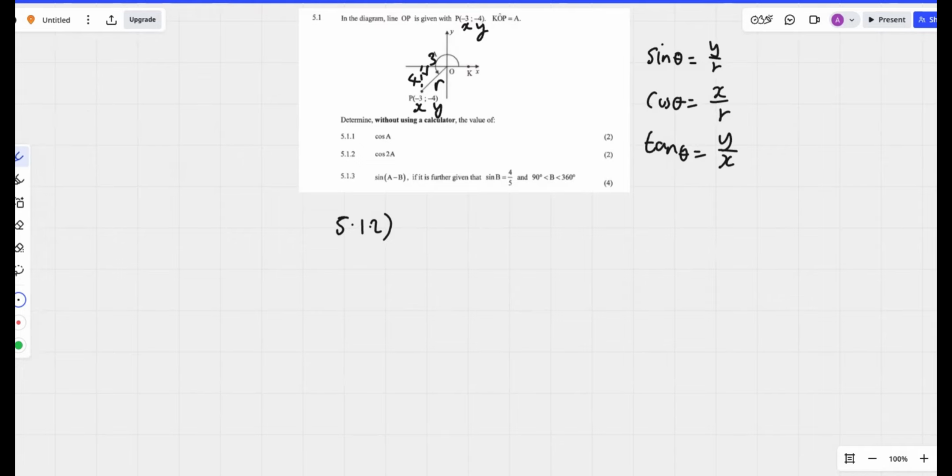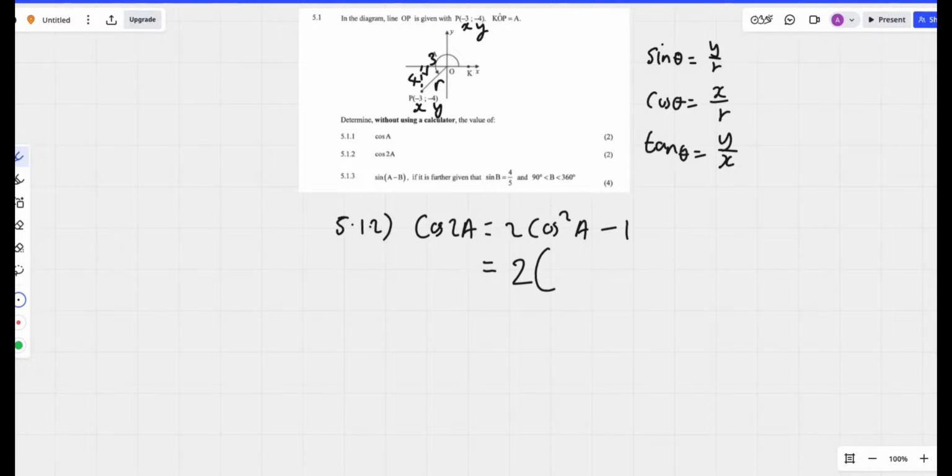So similar to the last question, but here we have cos 2A, and we need to basically use one of our double angle expansions to open this up. I'm going to choose to use cos 2A is equal to 2 cos squared A minus 1. And it's really simple. We worked out cos A in the previous question was -3 over 5.